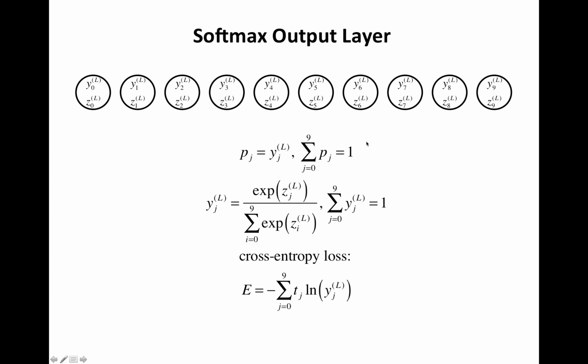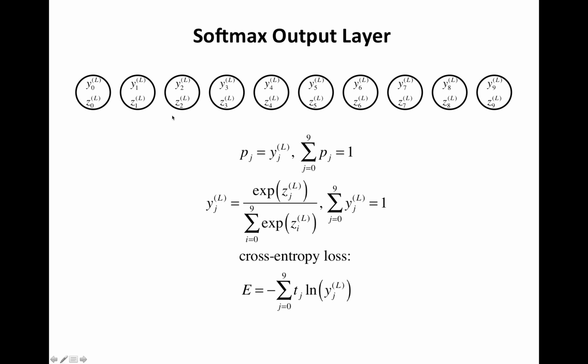Each neuron's output, Y capital L j, where j goes from 0 to 9, will correspond to the neural network's predicted probability of the jth digit being the actual handwritten digit.